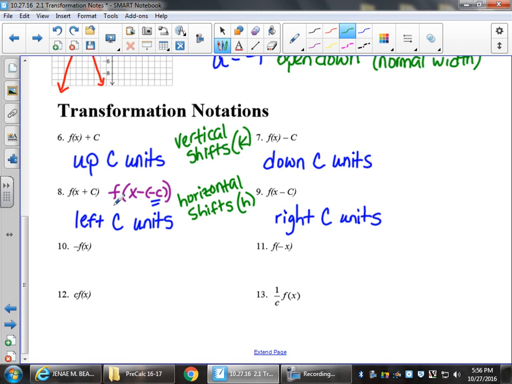Number 10 is a little more familiar to us. This is the same as saying if A is positive or negative. Positive A opens up. So here the transformation is moving from a positive A value, if I had a negative A value, our official language for this transformation will be reflecting, or reflect over the x-axis.